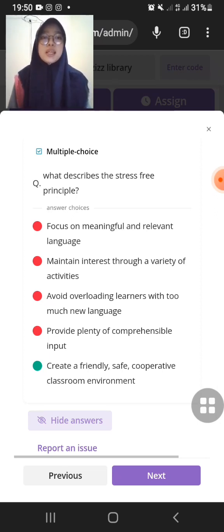Therefore, it is particularly important that in the early stage of learning a second language, learners have a successful, low stress learning experience. That is why it is described as stress-free.